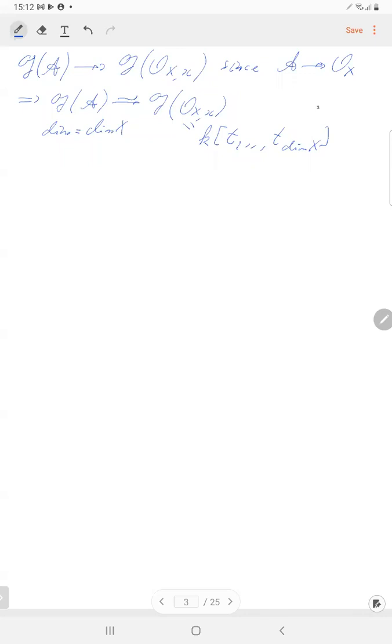We know we have this surjection, and we know that at the level of associated graded, the induced map is an isomorphism.